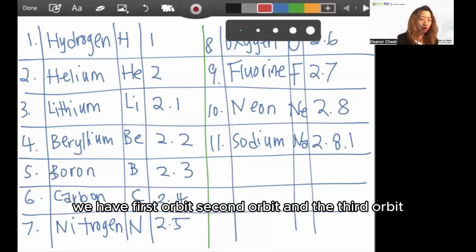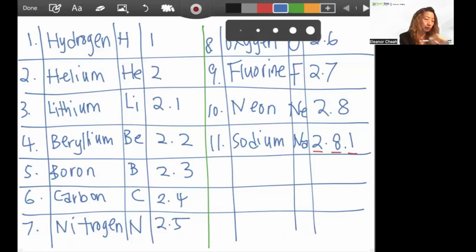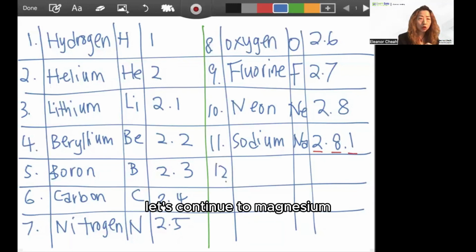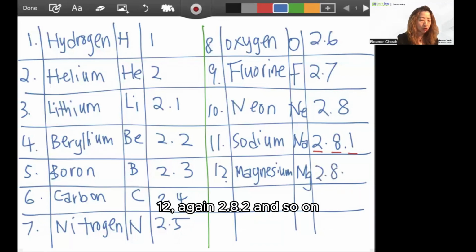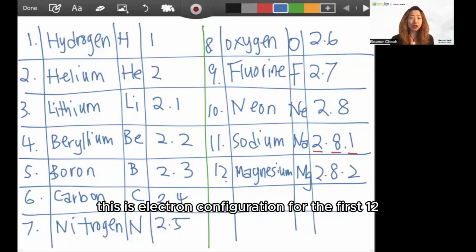For sodium, we have the first orbit, second orbit, and the third orbit. Let's continue to magnesium. Magnesium, the symbol is Mg. So 12, again 2.8.2, and so on. So this is the electron configuration for the first 12 elements.